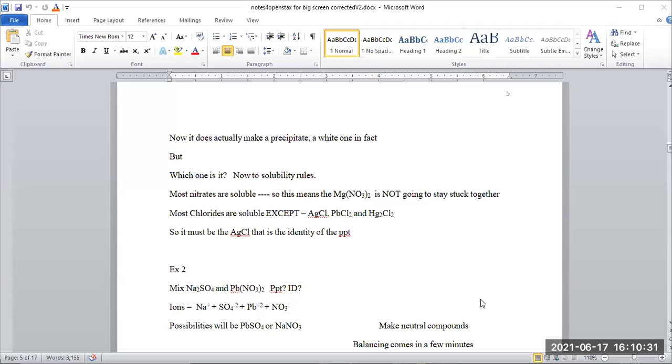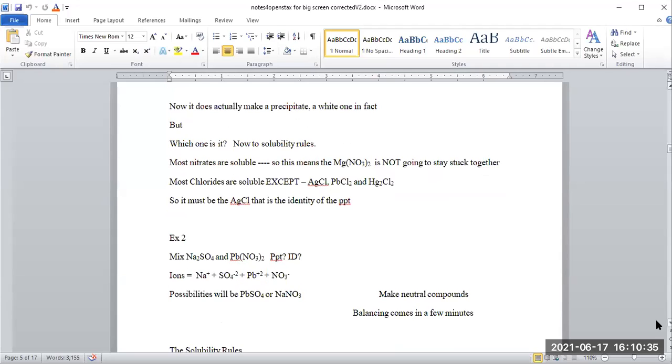All right, let me switch back to my notes file. The last thing we were talking about on Tuesday had to do with the rules of solubility. We made use of the nitrate rule, which allowed us to eliminate the magnesium nitrate as a possible precipitate.